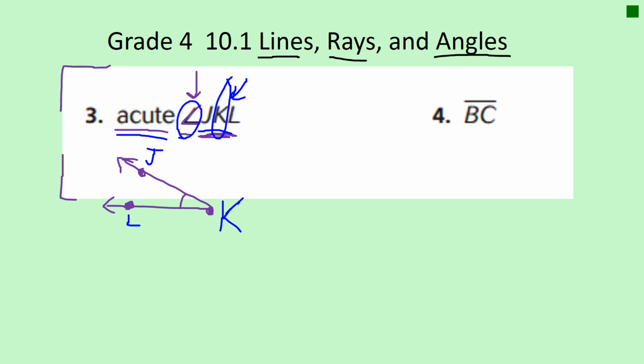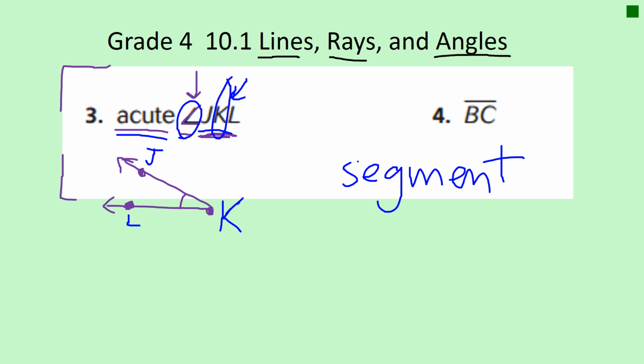All right, now let's jump over here to number 4. I see BC, and above BC is just a plain old line. There are no arrows on it. Okay, that's line segment BC. Okay, I'm going to write the word segment. Segment reminds me of section.